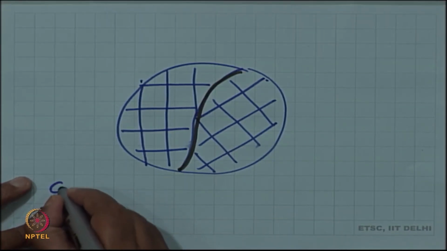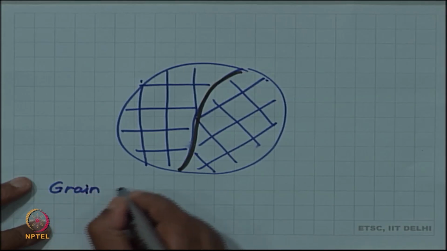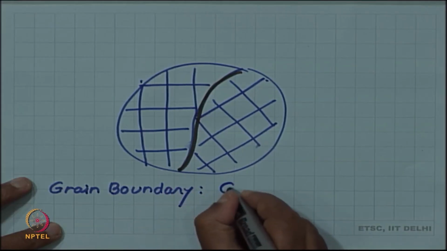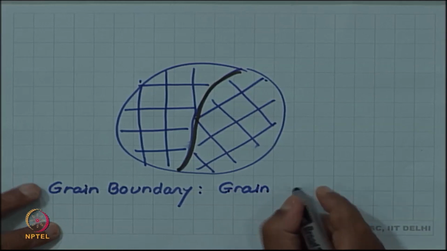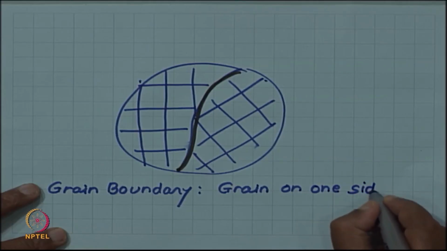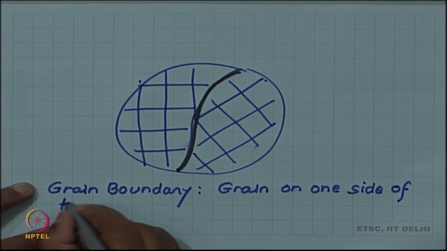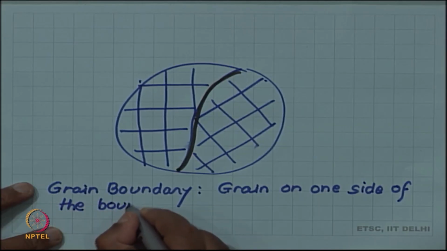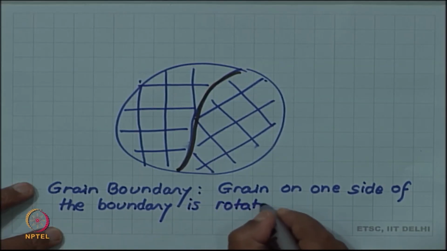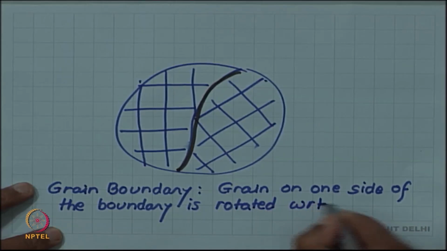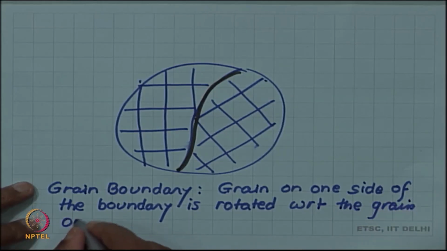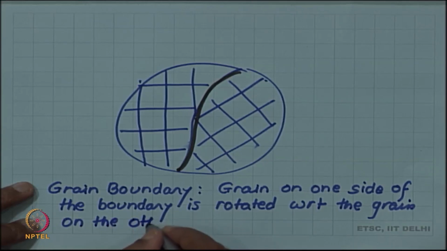So, grain boundaries are rotation boundaries. The grain on one side of the boundary is rotated with respect to the grain on the other side of the boundary.